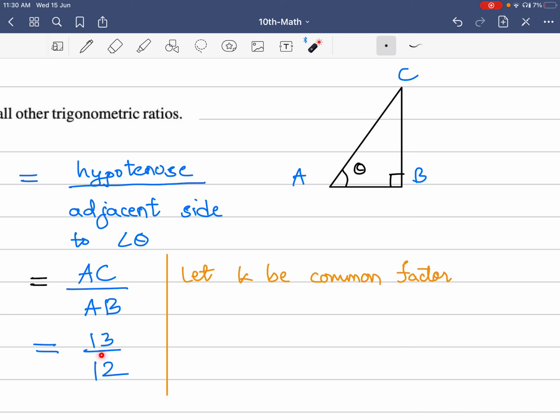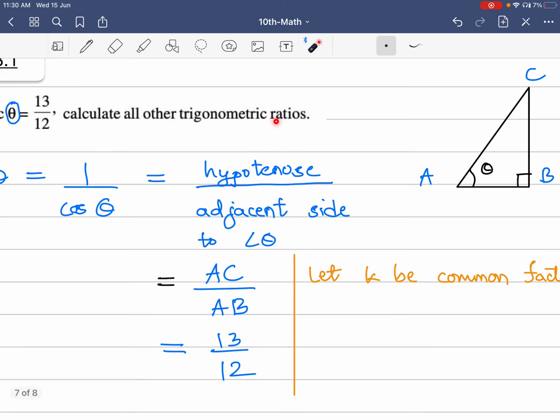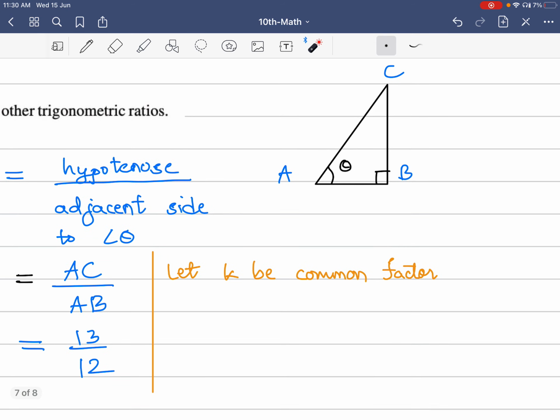Since this is a ratio, we want to find the length of all three sides of the triangle. Once we have the length of all three sides, we can find all other trigonometric ratios very easily. So that's what we are going to do. So we have AC will be equal to 13K and AB will be equal to 12K.